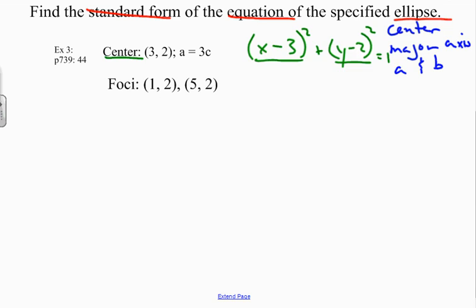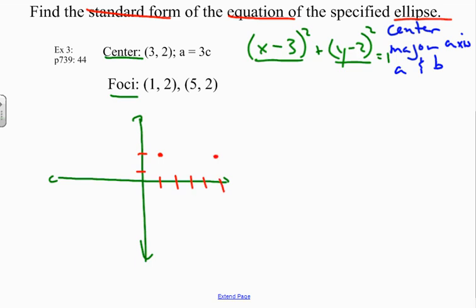In the center, we have 3, 2, and then we have A equaling 3C. We also have foci at 1, 2 and 5, 2. I'm going to graph that, because I can visually see it. You probably can do this without graphing, but I enjoy graphing it because it's more plain to see where the major axis is going to be.